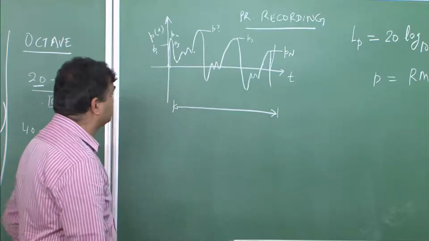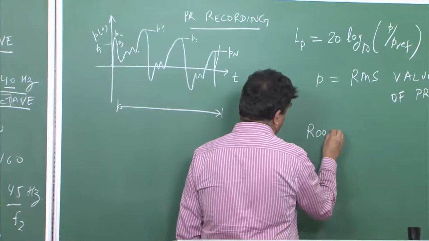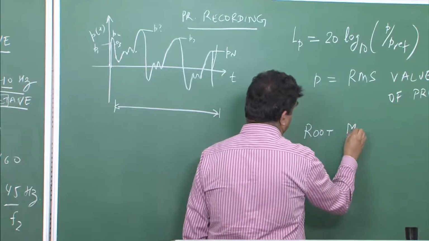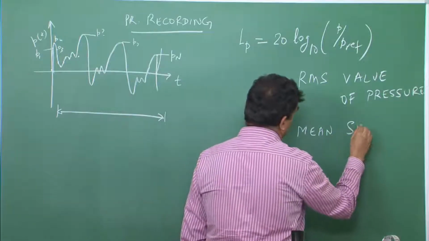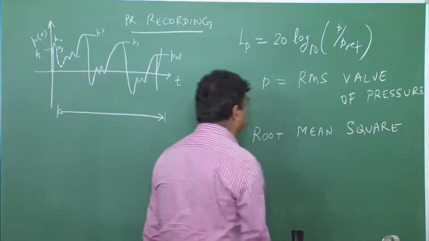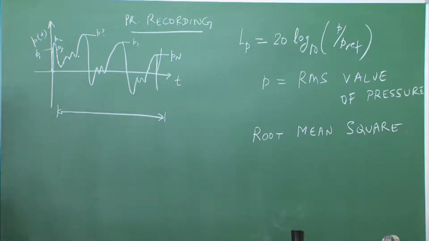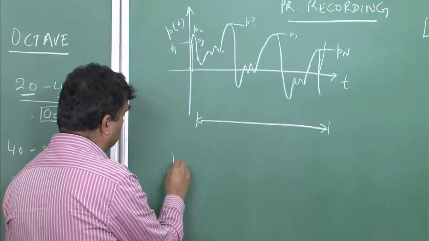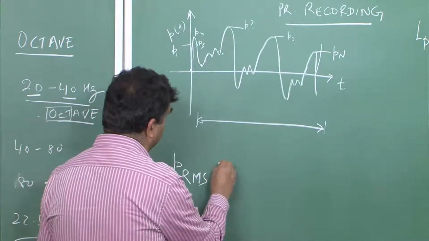RMS stands for root mean square, and that's how I am going to calculate the value of P RMS.